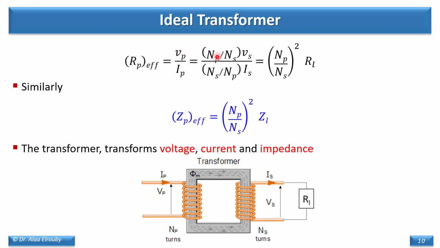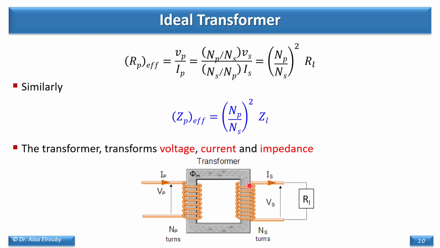We know that V primary equal N primary divided by N secondary multiplied by V secondary, I primary equal N secondary divided by N primary multiplied by I secondary. We'll find that the effective resistance of the primary equal N primary divided by N secondary, squared, multiplied by the effective resistance of the load here.